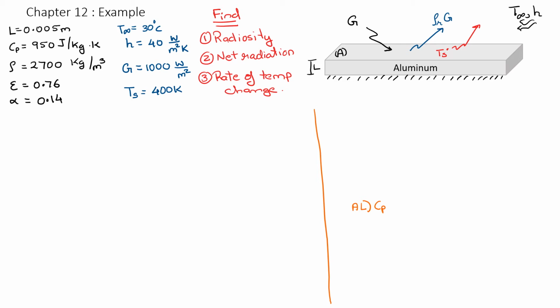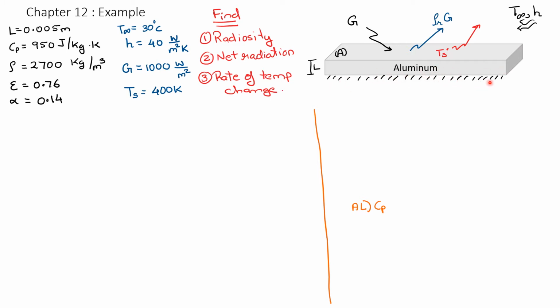Let's look at an example from chapter 12 and see how we can use the concept of radiosity and irradiation to calculate heat transfer and rate of temperature change. Let's say we have an aluminium surface or an aluminium block.